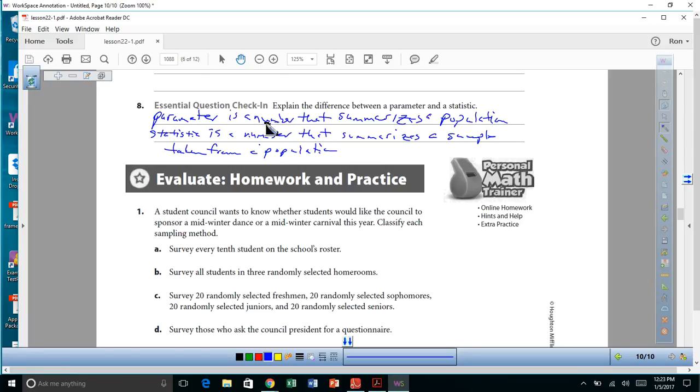All right. And to get a parameter, you have to do a census. And a statistic is from a sample from a population.